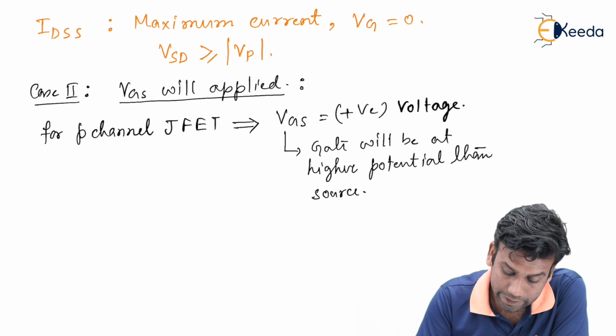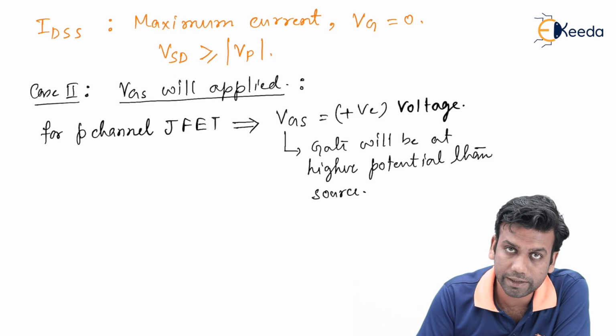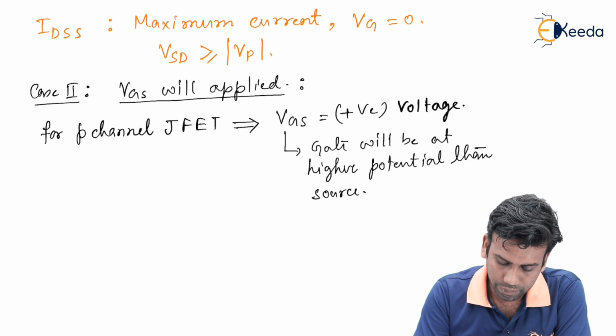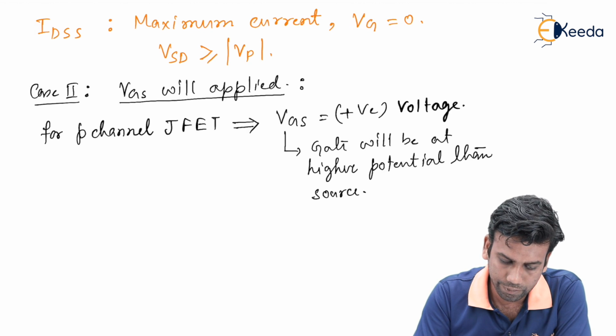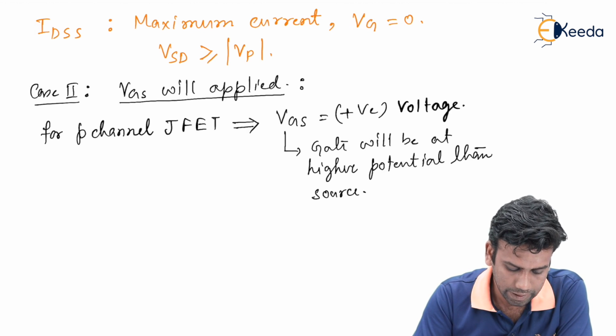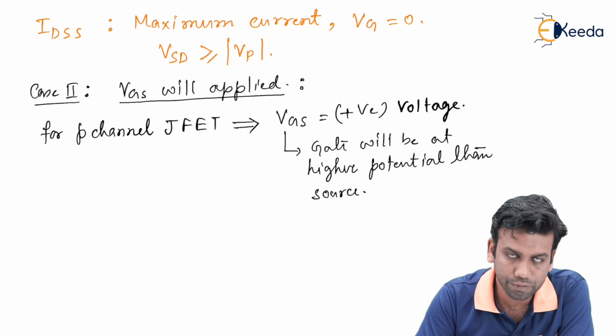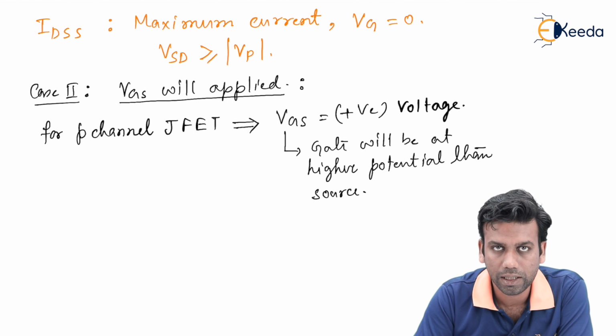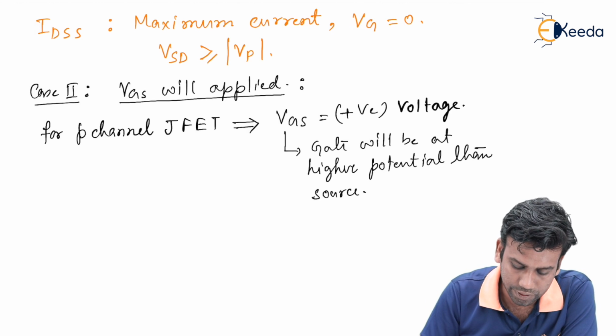and for that case let us take the block diagram like this. For this case too, let us take a block diagram where we will apply the gate to source voltage and source to drain voltage, and since we have taken a P channel JFET, we will apply a positive gate to source voltage.